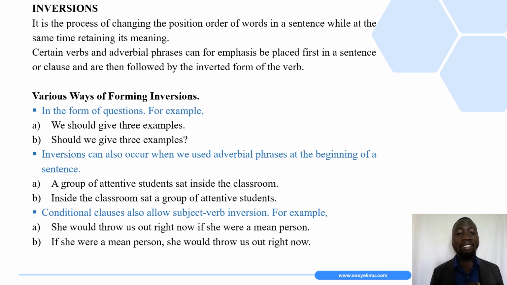So you realize that it now becomes a question and not a statement. The first sentence, sentence A, we should give three examples, is a statement. Then the inversion, now in the form of a question, reads, should we give three examples? So the meaning is retained.